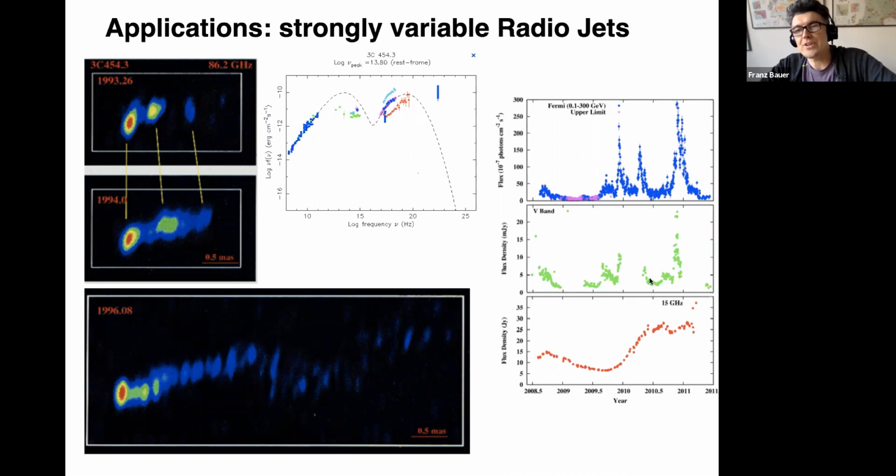So this is the variability in the radio, which is pretty smooth, right? It varies by a factor of 2, not much. This is in the optical band, which is roughly right here. And so you can see pretty high variability, probably from the tail of this. And then in the gamma rays, right, you're seeing variability by factors of 300.